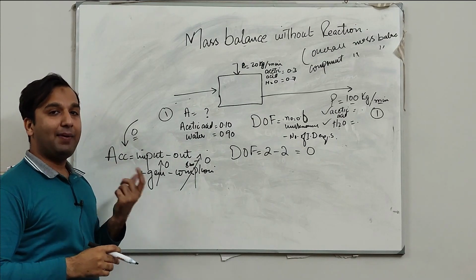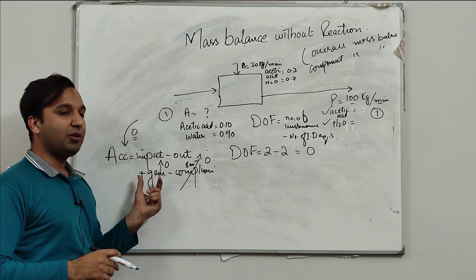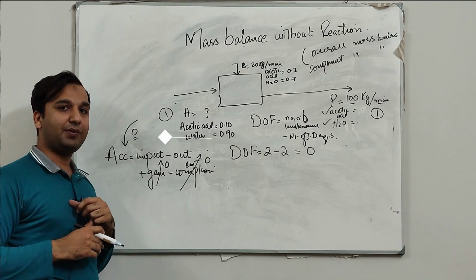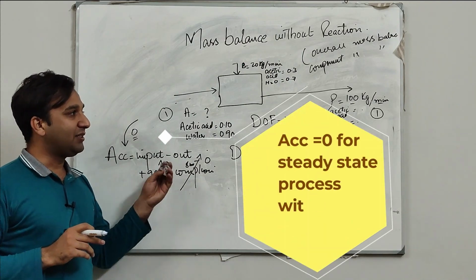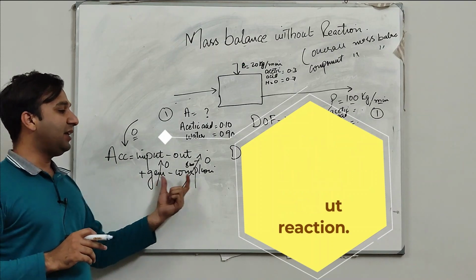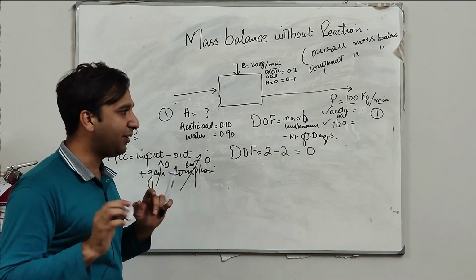If you have a batch process, then you will have accumulation, or some amount of generation and consumption, and those terms will not be equal to 0. For a steady state process, accumulation, generation and consumption are equal to 0.